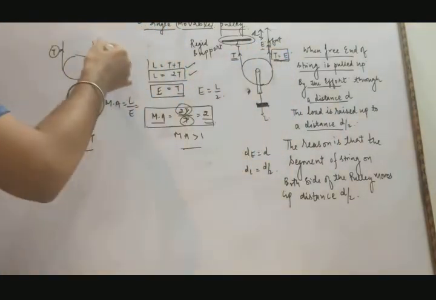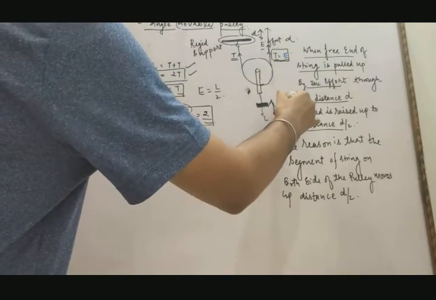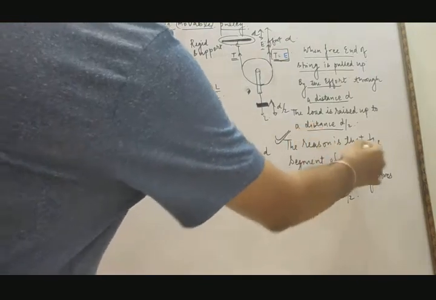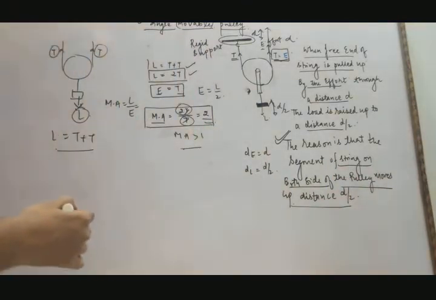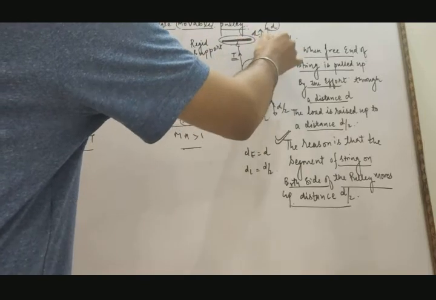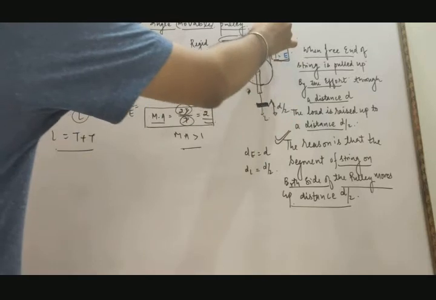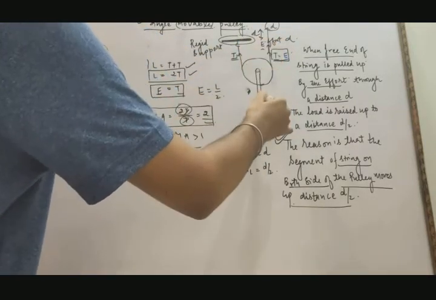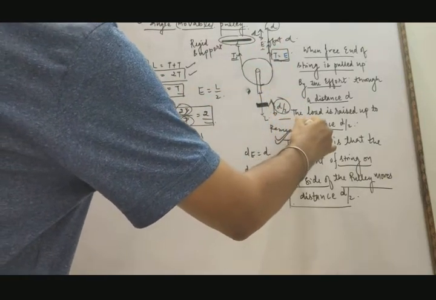The reason is very important. The segments of the string on both sides of the pulley move by the distance d by 2. Because if we apply effort through d here, it gets distributed half and half over the two segments, so the load also moves only d by 2. You need to remember this point.